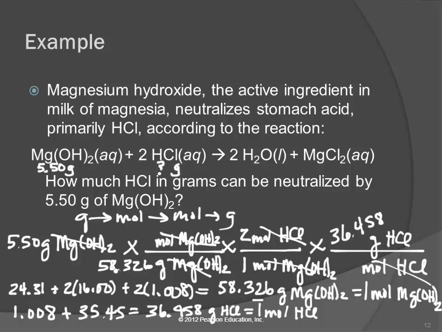Any questions? What we're doing is we're putting together several things that we've learned in the past. We're taking the concept of dimensional analysis and converting units, and the idea of molar mass and mole ratios from balanced chemical equations, and we're just putting them all together now. 5.50 times 1 divided by 58.326 times 2 divided by 1 times 36.458 divided by 1.